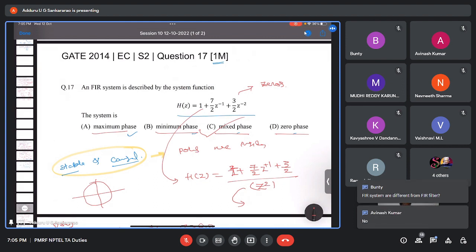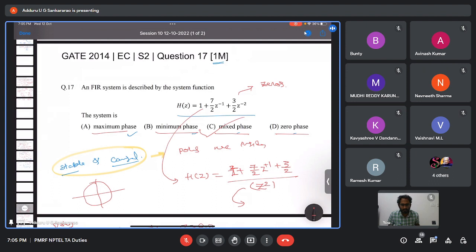FIR filter only, we can say FIR system. A filter is nothing but a system, right? It will allow some range of frequencies and it will block some range of frequencies.